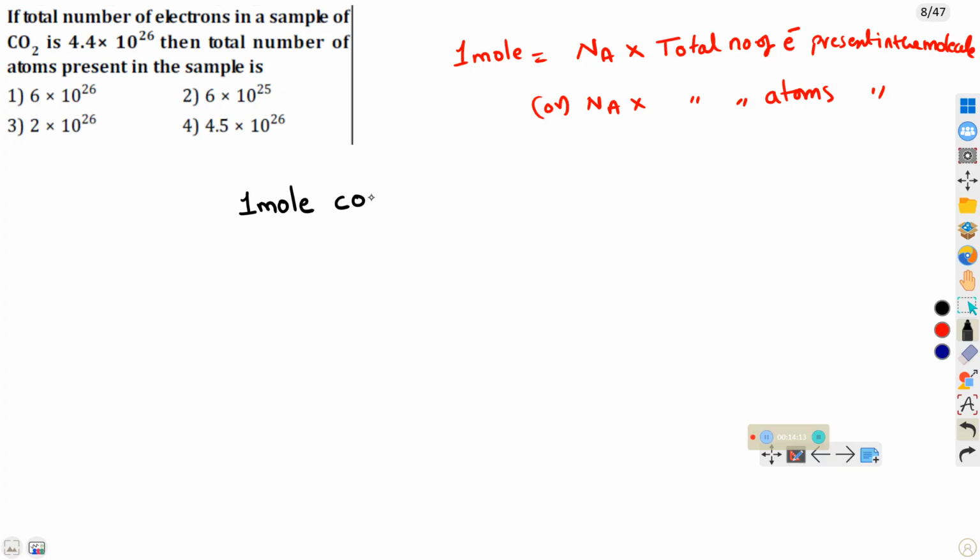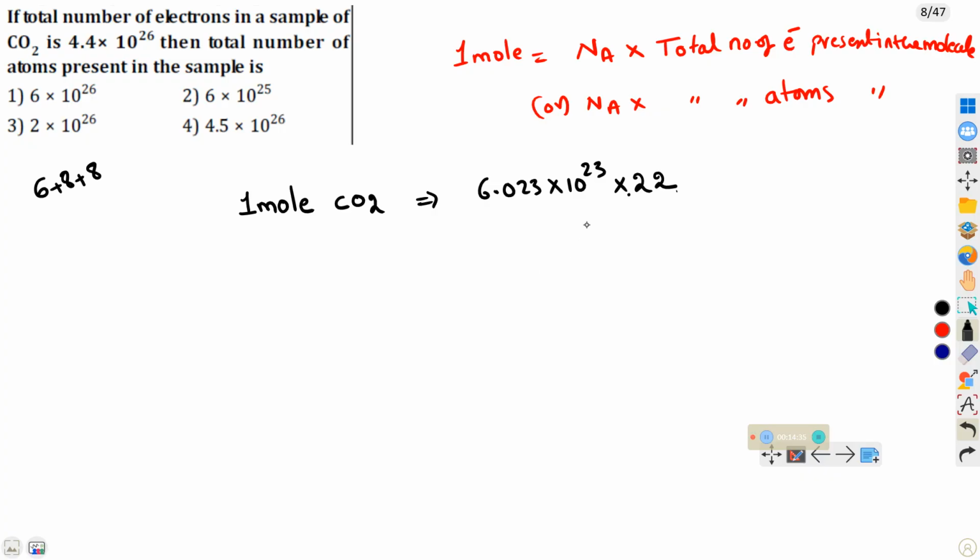In 1 mole of CO2, 6.023 into 10 power 23 into how many electrons are present? Carbon contains 6 electrons. Each oxygen contains 8 electrons. 2 oxygens contain 8 plus 8, total 16 plus 6, 22 electrons.